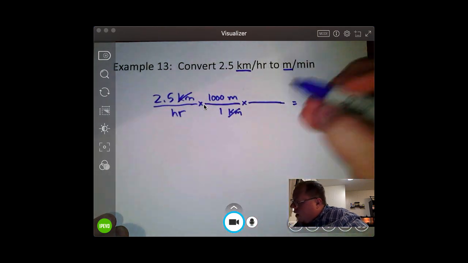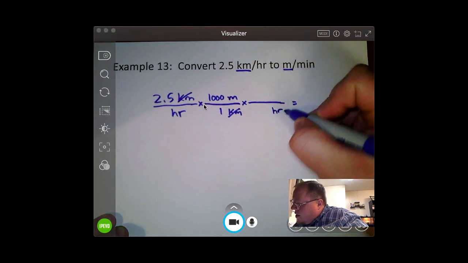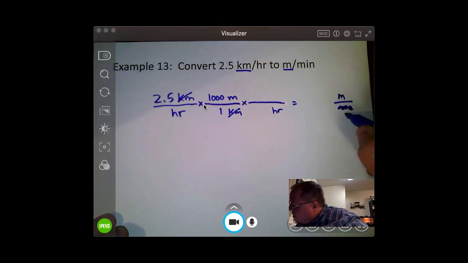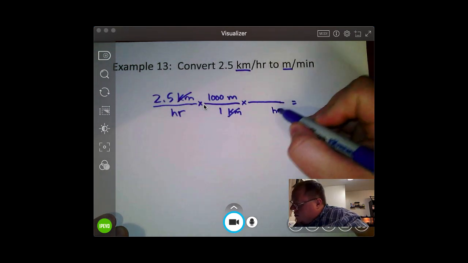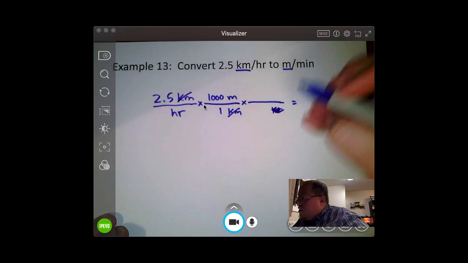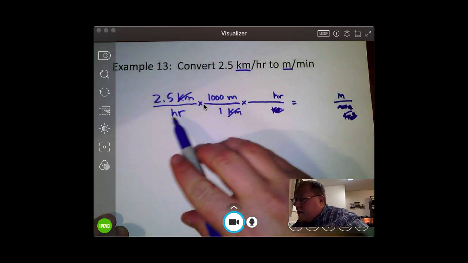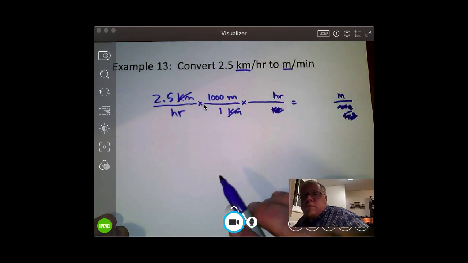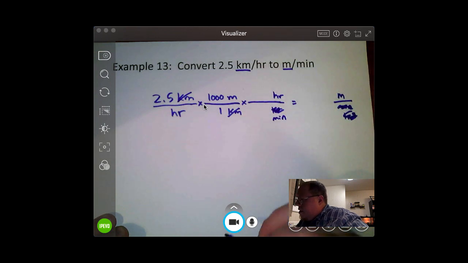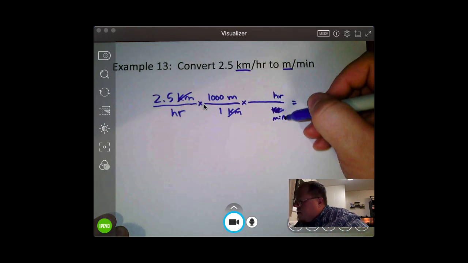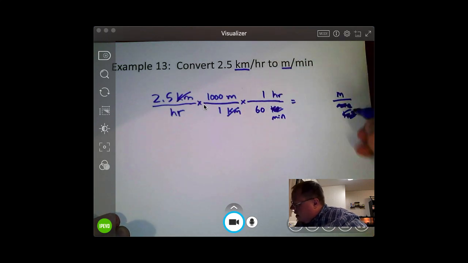I don't want to put hours down here, because then I'm going to eventually not end up with minutes, but I'm going to end up with hours squared, which is not what I want, okay? So don't put the hour down there. What you want to do is put the hour up here, opposite, okay? So if you have an hour per hour, times an hour, and then minute down here. So how many minutes are in an hour? There are 60 minutes in 1 hour, okay?